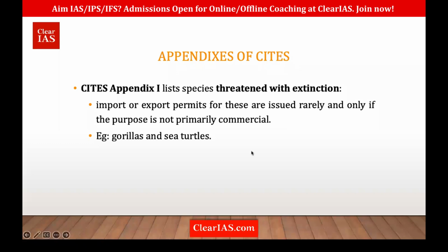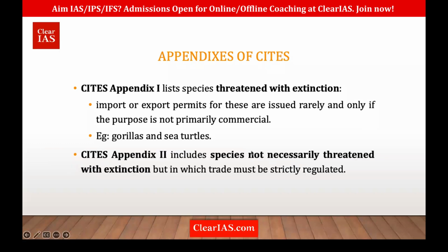The second appendix is for species not actually threatened with extinction, but whose trade is strictly regulated. For example, the lion is only an endangered species, but its trade is restricted. You cannot kill a lion or take its fur and things. So that comes under Appendix 2.